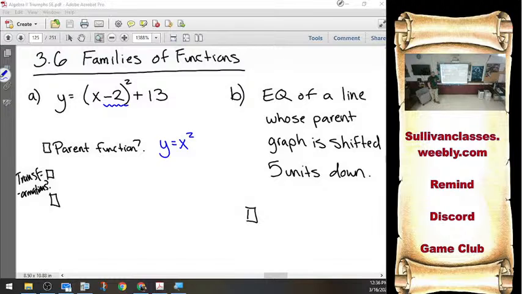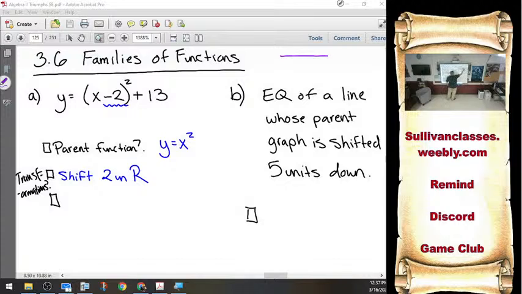Two to the right. It's inside the parentheses. Inside the parentheses is left, right. And because it is -2 and it's in backwards land, we're going to shift the opposite of what it says: 2 units right. Where's that little cheater chart of ours?